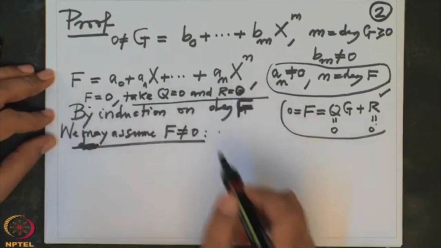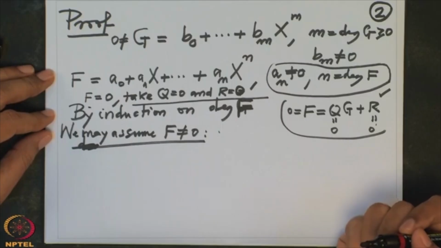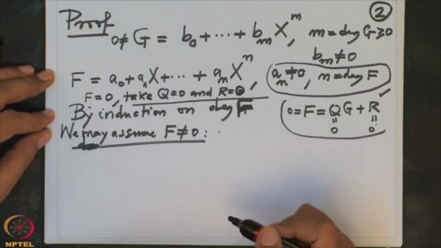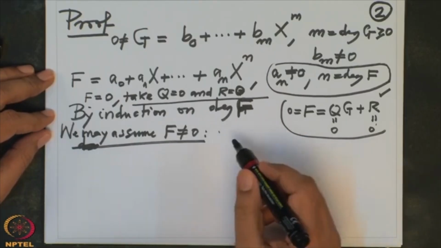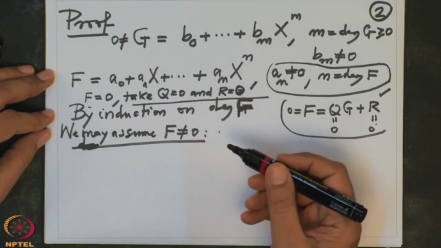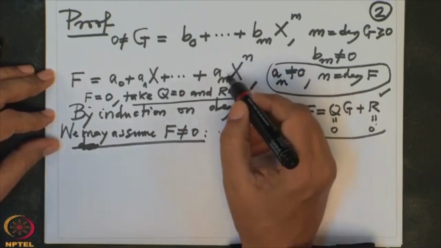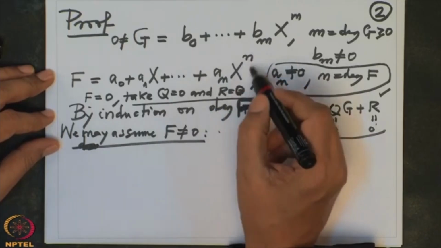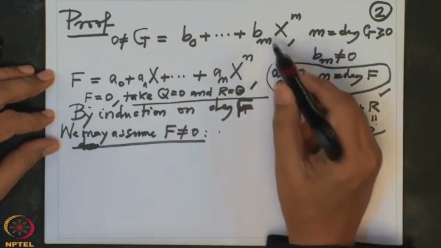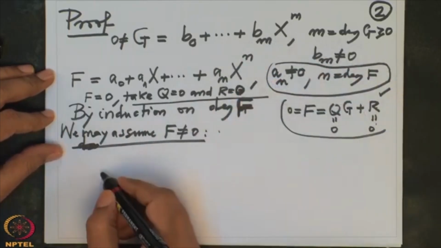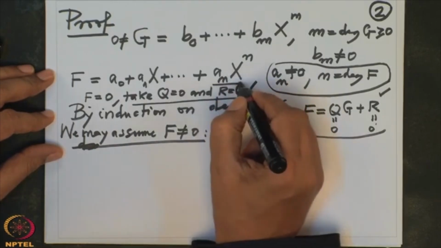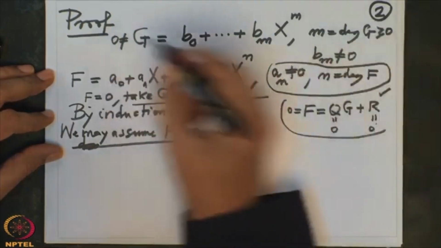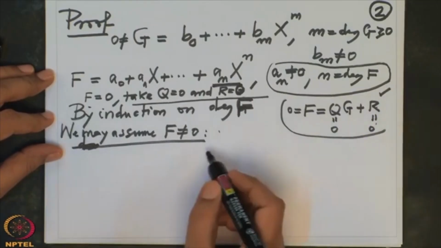So f is now like this, and what do I want? I assume the statement for polynomials of smaller degree than f, and then prove it for degree f. That means I want to reduce the degree of f by using the polynomial g. So what do I do? I want to cancel this coefficient, and fortunately we are over a field. So what do we do?